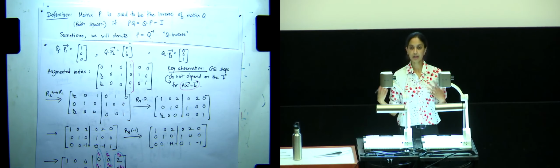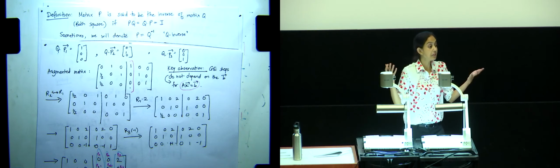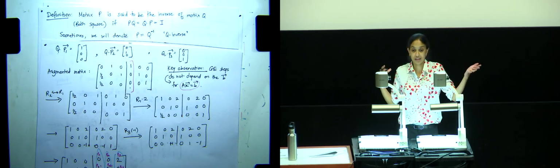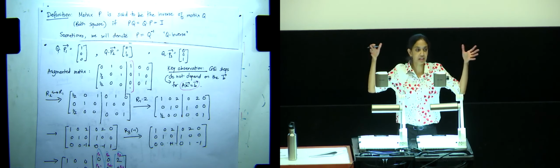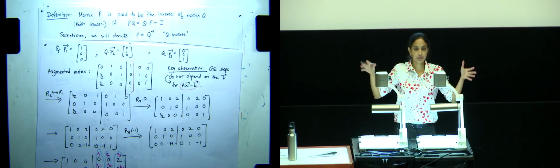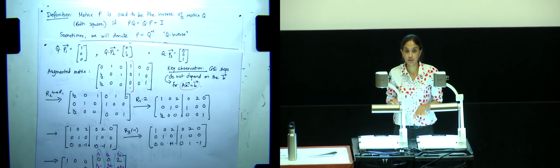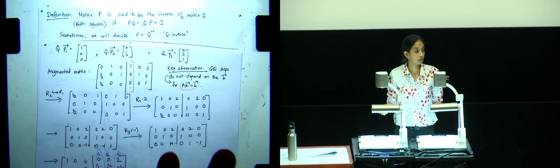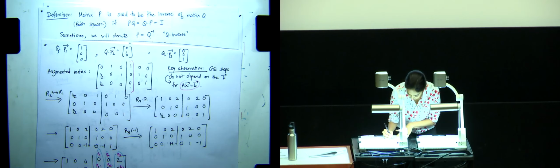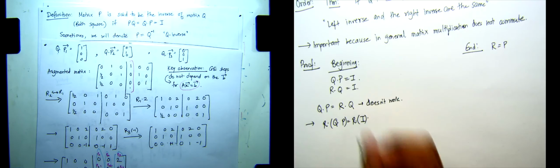What is the nice thing about identity? I can multiply it by something and get the thing back, right? So I'm going to say, okay, let me multiply both sides of this equation by R. So I'm going to say R times Q and R times identity.